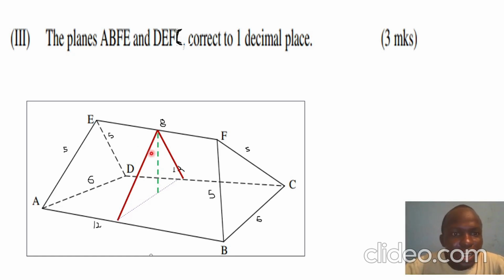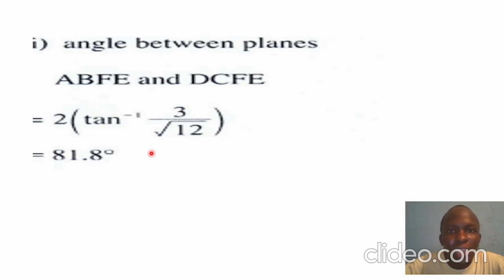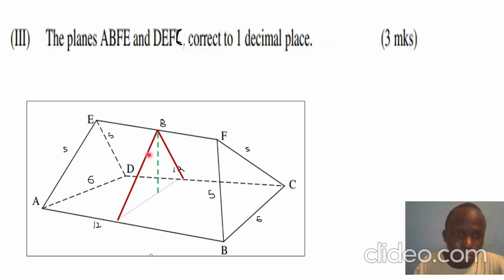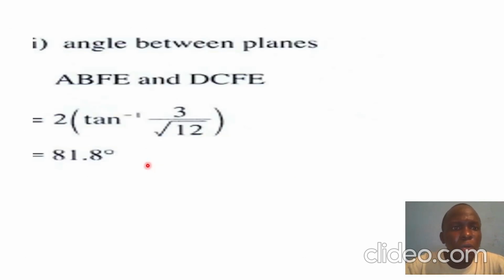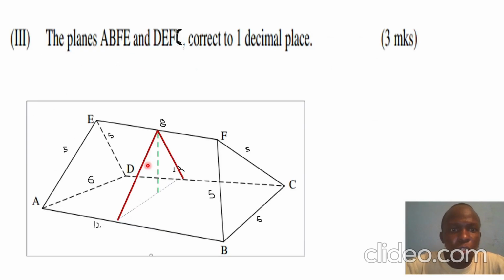So how do we get the angle? The angle is just tan inverse of 3 over root 12. Why are we saying tan inverse of 3 over root 12?